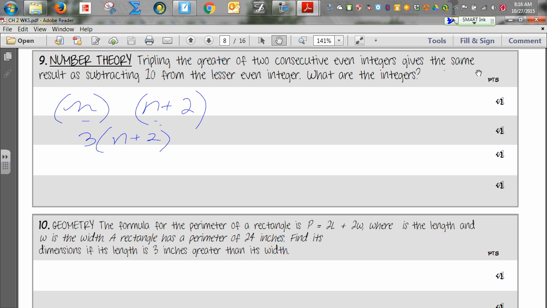Okay, what would I put right there? It's the same result, equal sign. Subtracting 10 from the lesser. Is the order important? Because you're dealing with a negative number, right? There you go.